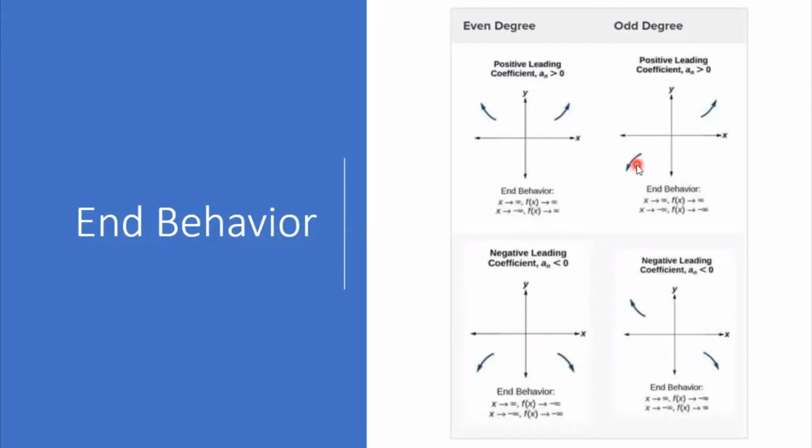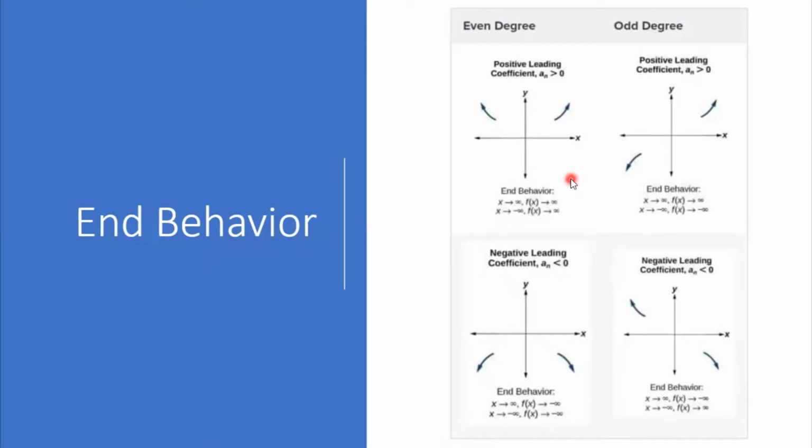But if the degree is odd and the leading coefficient is positive, then it starts from southwest and it ends here in northeast. While if the leading coefficient is negative, then it starts here in the northwest going to southeast.